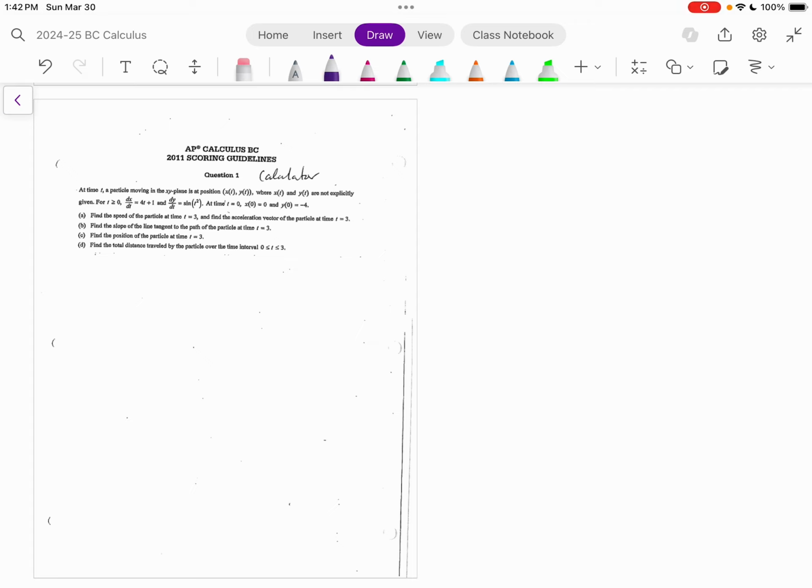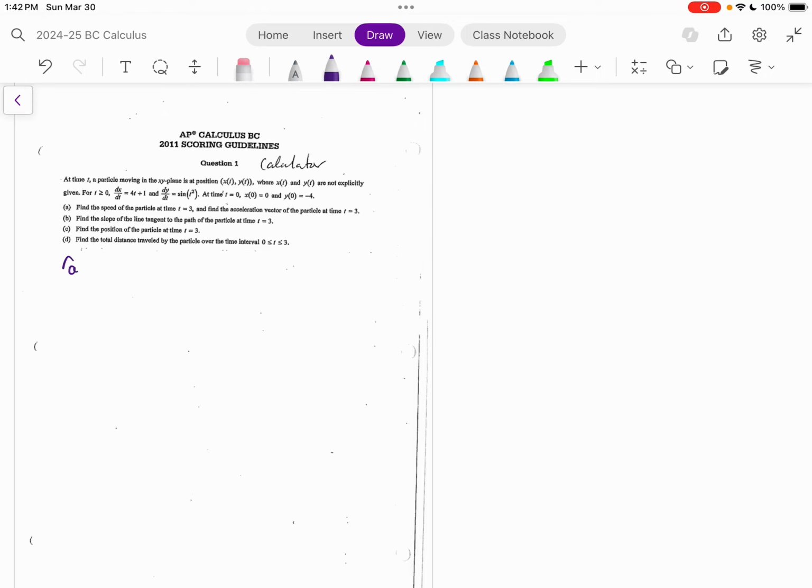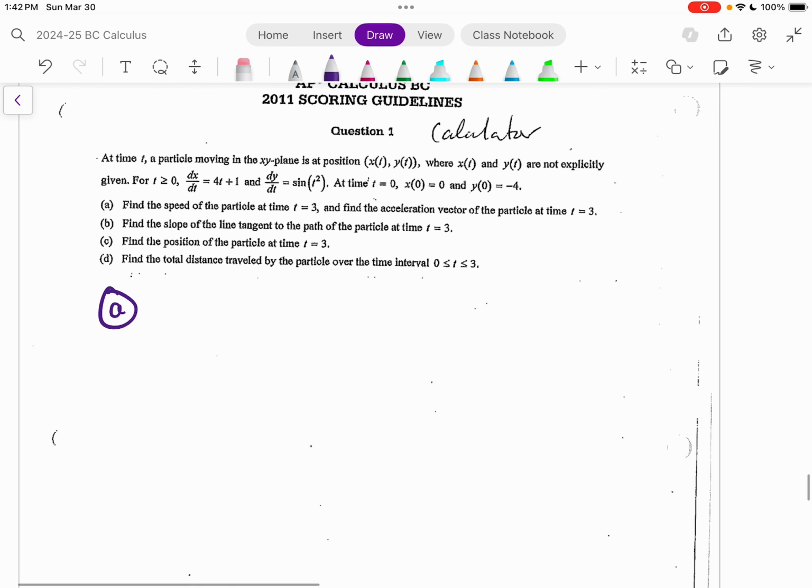At time t, a particle is moving in the xy plane. We're not explicitly given the position, but we are given these derivatives here. Find the speed of the particle at time t equals 3. Well, speed, if you think about this, is the Pythagorean theorem. How fast am I changing in the x? How fast am I changing in the y?